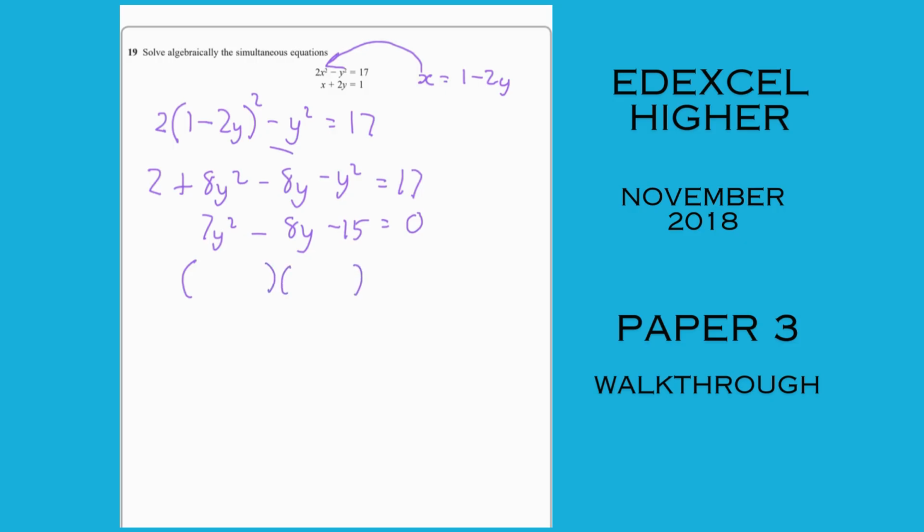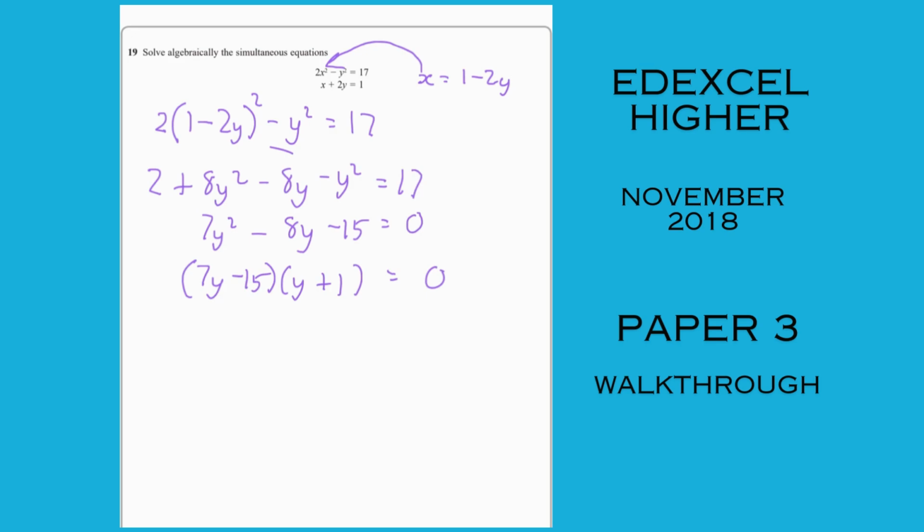So you could use the AC method, but because that's prime, I use educated guesswork. So it could either be 3 and 5 here, one of them being a minus, but actually it turns out y plus 1 and y minus 15 get you there.